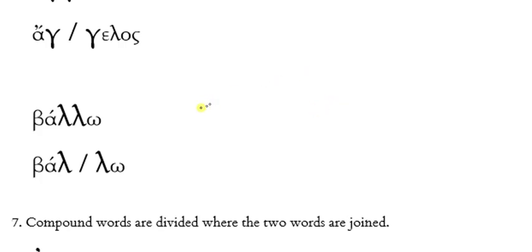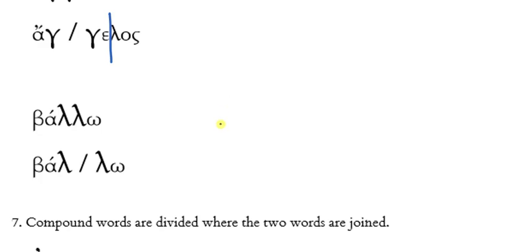Ballo. So split the double lambda there. I'm just focusing on the double consonant here, but yeah, you divide to the left of that gamma there.